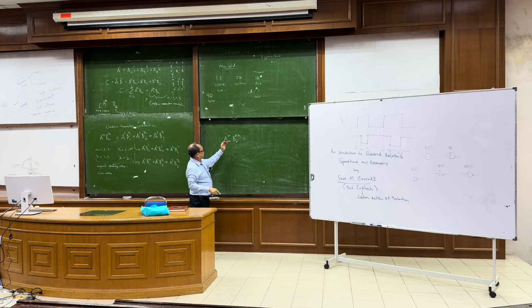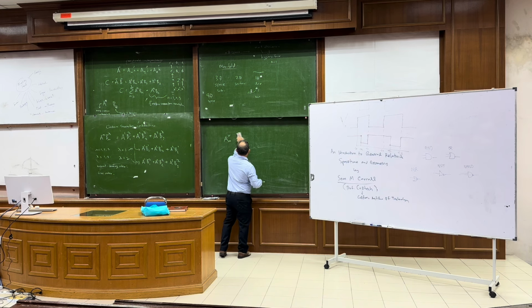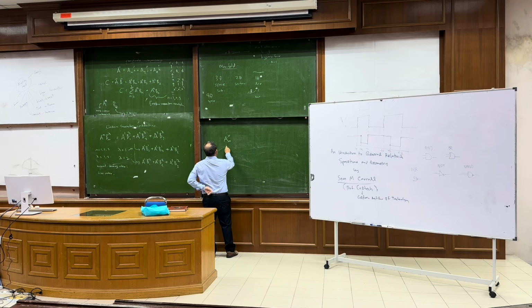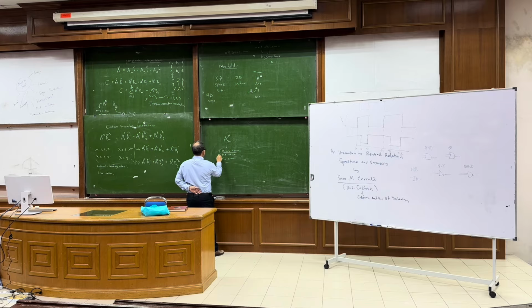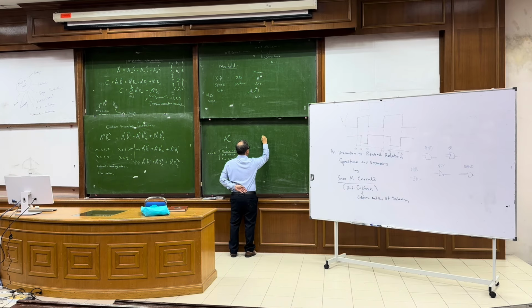Let's say for example we have what we call a mixed tensor, one contravariant and the other one covariant. This is a rank 2 tensor, and then multiply with another one.